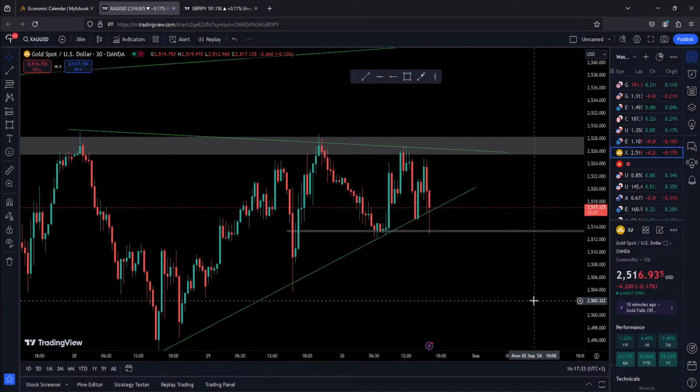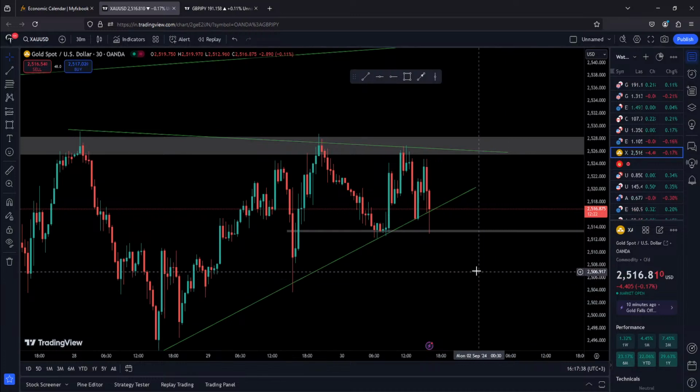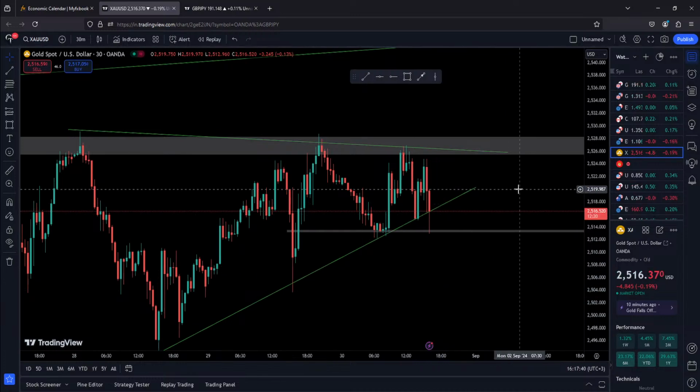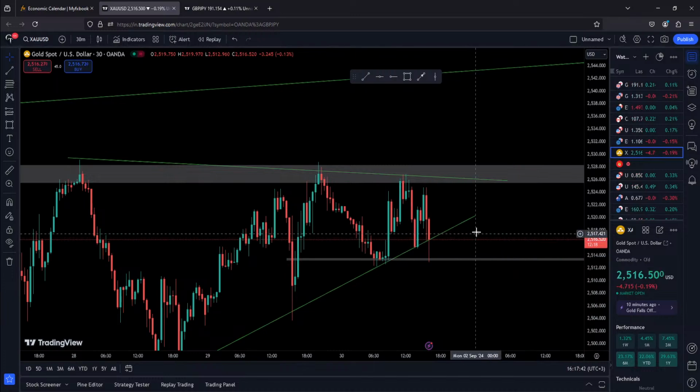So currently 12 minutes left for the current 30-minute candle to close, and let's see how this candle will be closing, and after that I'm going to plan my trade.